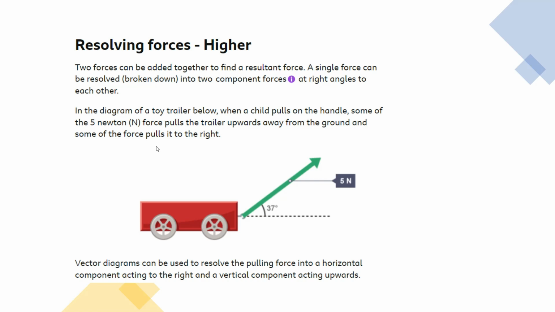Now what we are seeing is that whenever you apply a force of 5 Newtons on a toy at 37 degrees to the horizontal, what is the resultant force? We will see that.